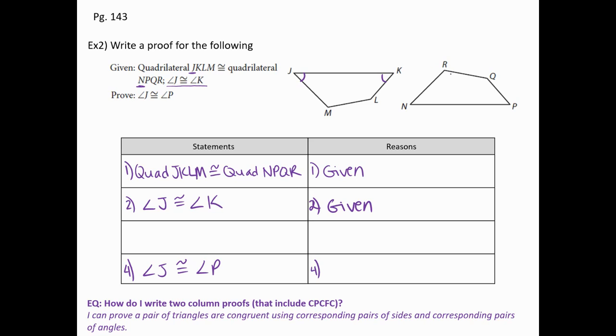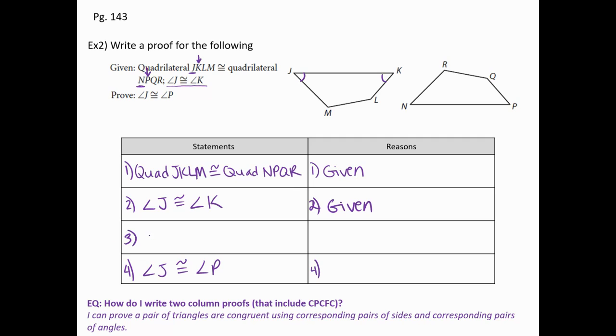So I would also know that J and N are congruent, but I don't think that's going to help me get to P. I'm trying to figure out how to get to J is congruent to P. So I could check the next one. I have K from my congruent statement is congruent to P. So K and P, I can maybe do something with that.